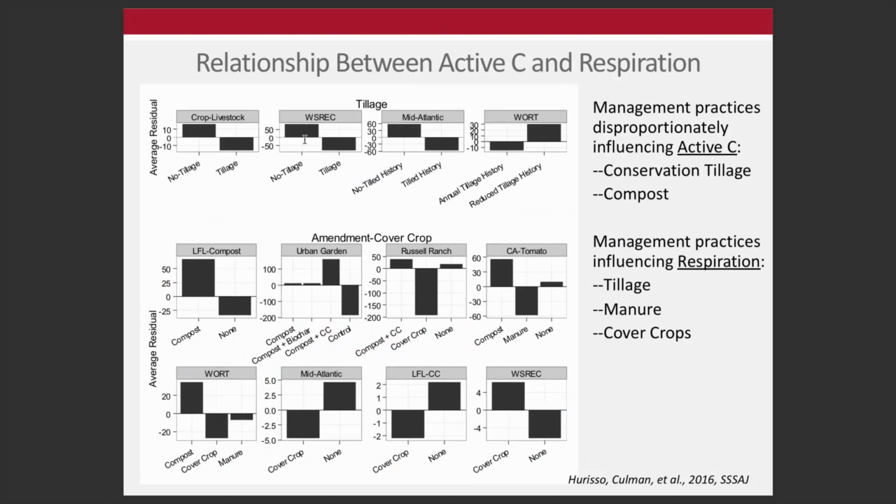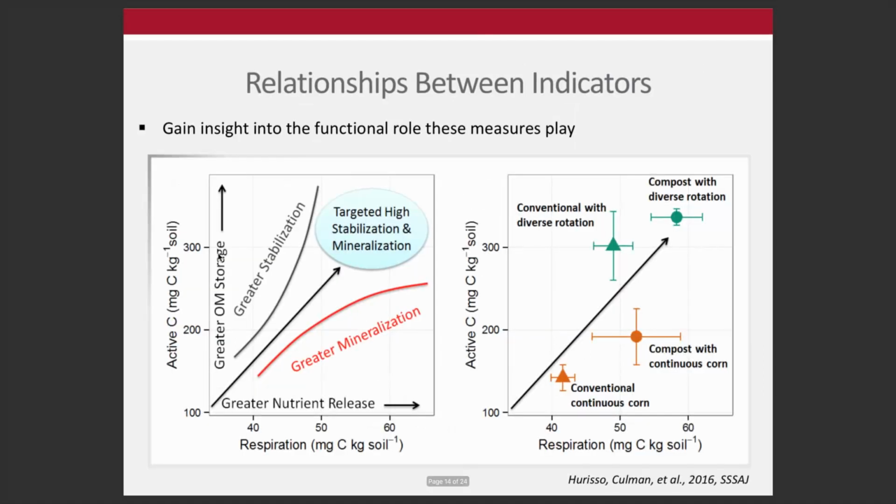I won't get into all of this, but suffice it to say that we found very consistent relationships, and we think this is a helpful framework to educate farmers to think about what state their soil is in, and whether they are in a state of active carbon, an early indicator of organic matter building, or an early indicator of organic matter decline.